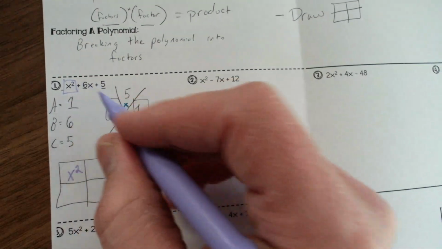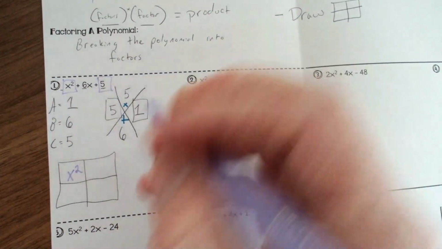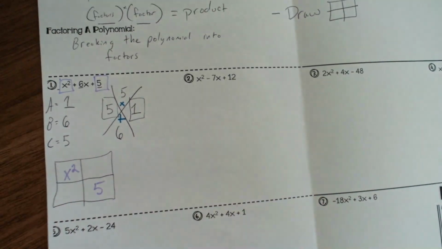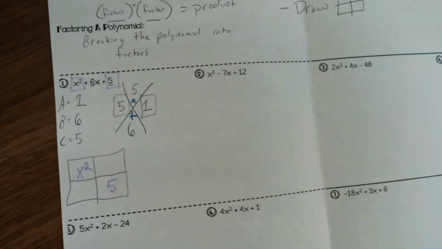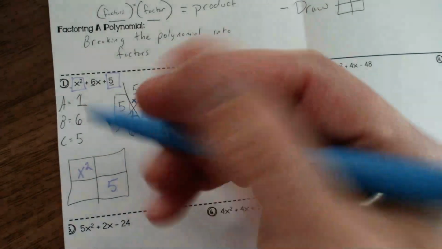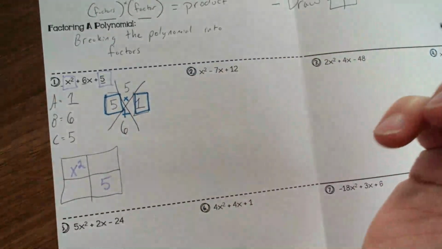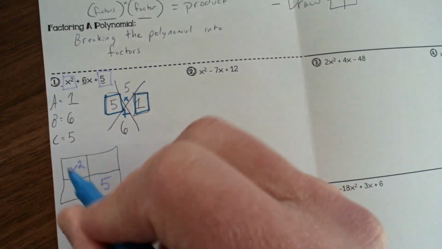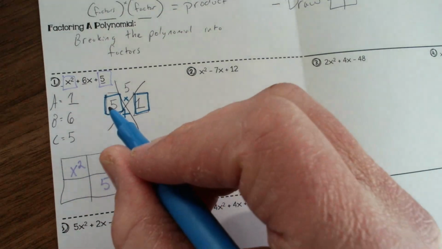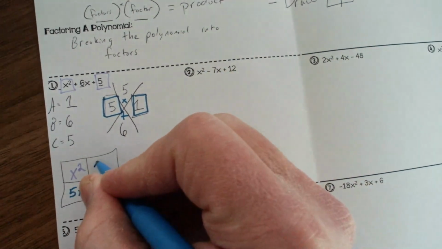All right, this bottom right box is going to be filled by this last term, which is 5. Now, these other two boxes are filled by these two, this 5 and this 1. When they come in and fill in here, they get a single value of the variable. So there'd be a 5x and a 1x.